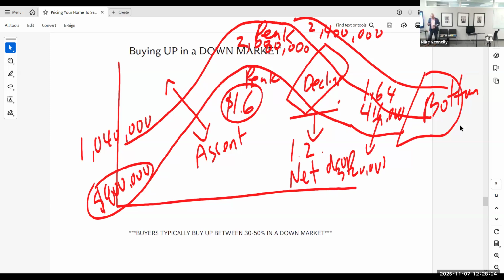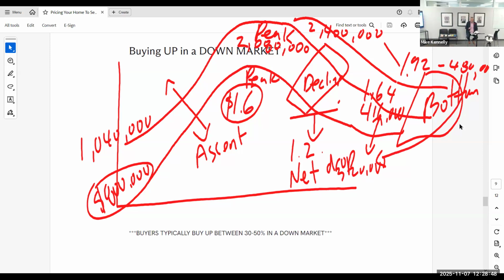Do you understand how that works? Well, let's say the house went up 135%, not 100%. This number here is 1.92, and he had a net loss of 480,000 compared to the 320. So you're buying up with much more magnitude of buying power. Does that make sense?